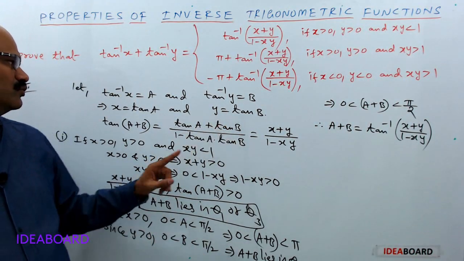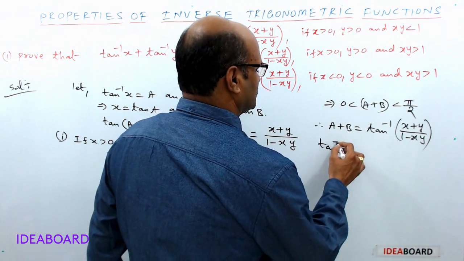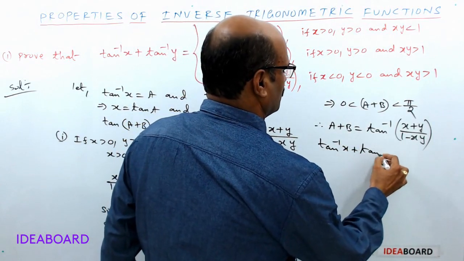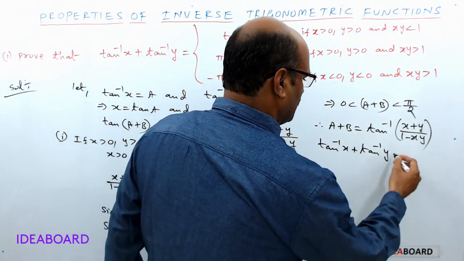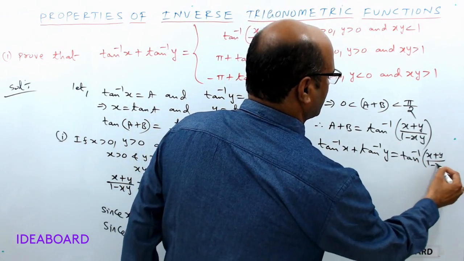But a equals tan inverse x and b equals tan inverse y. So tan inverse x plus tan inverse y equals tan inverse of (x plus y) by (1 minus xy).